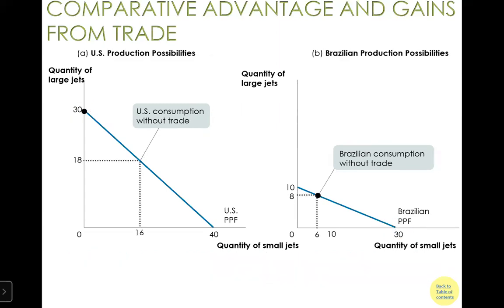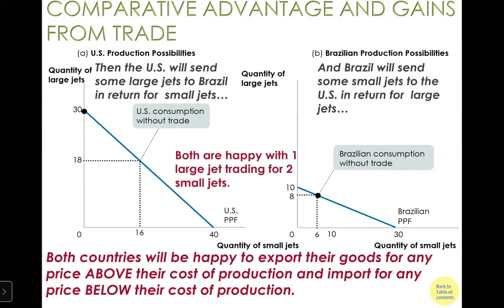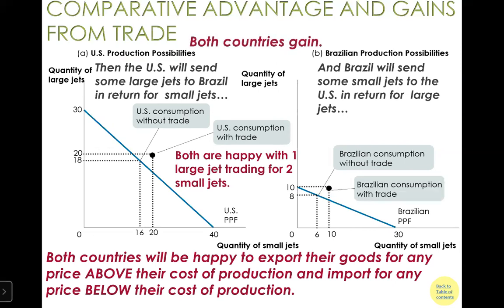Now how are they going to split the benefit? That's a separate question. But regardless, what is going to happen? They are going to benefit, right? Here, this is the price I mentioned earlier: one larger jet trades for two small jets, and the US is going to buy small jets, sell larger jets, and end up with the US consuming 20 versus 20.